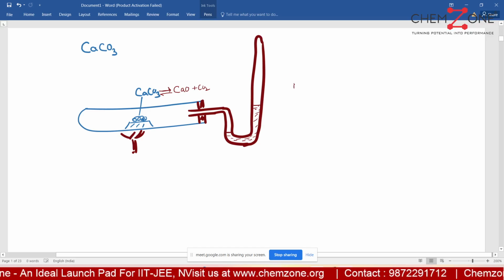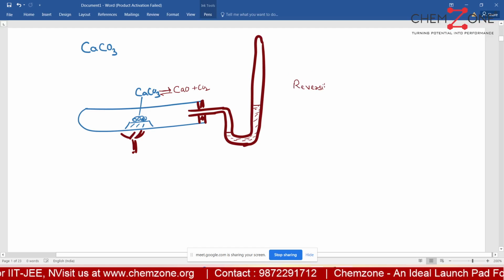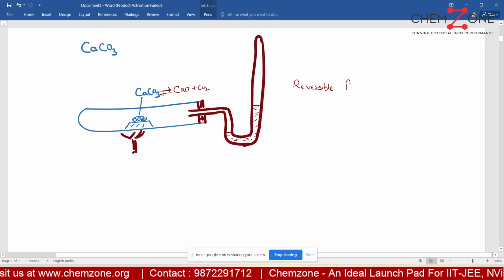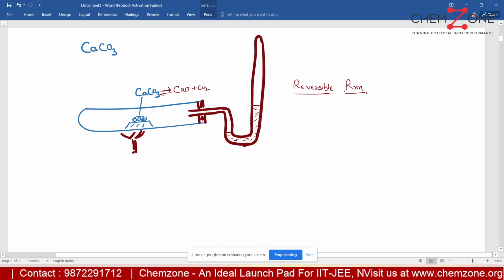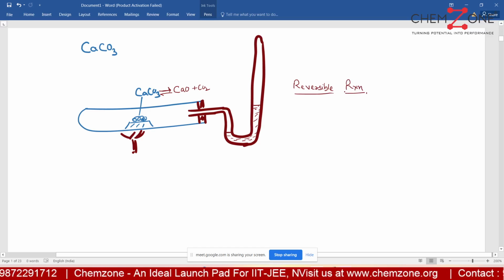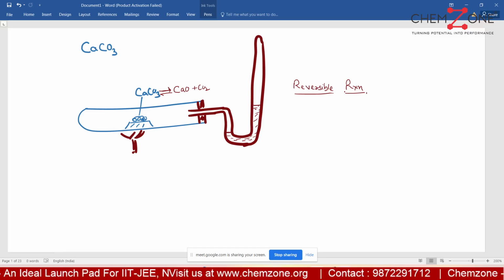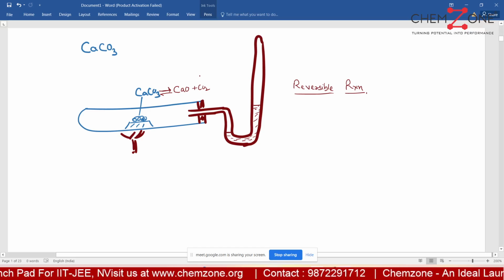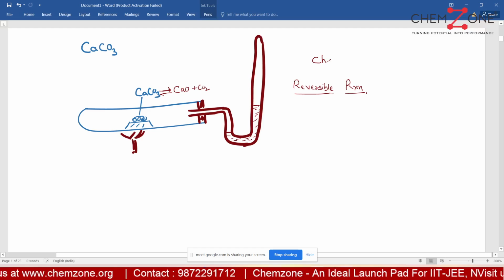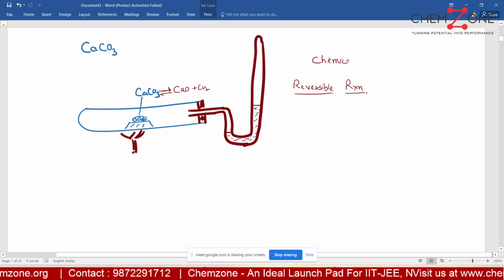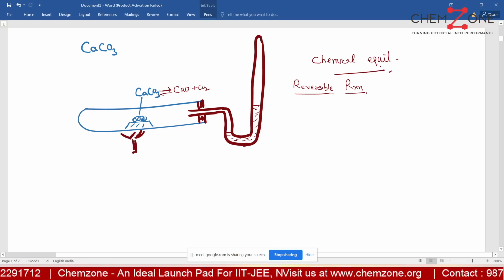So this is an example of a reversible reaction. Am I clear? Reversible reaction, and the system is in chemical equilibrium. Chemical change is there and chemical equilibrium is achieved. Am I clear?